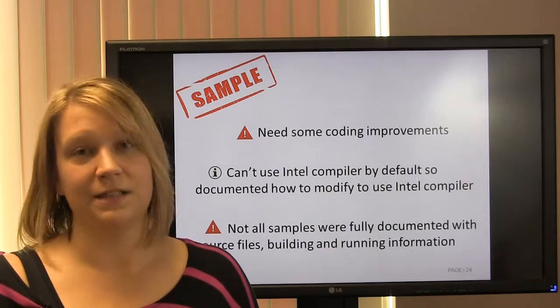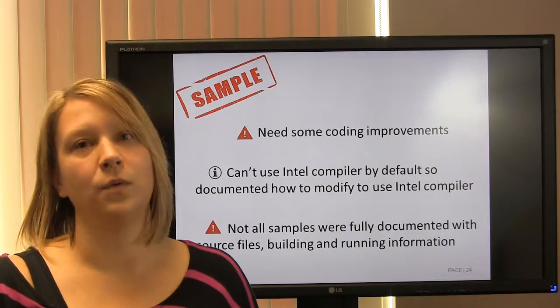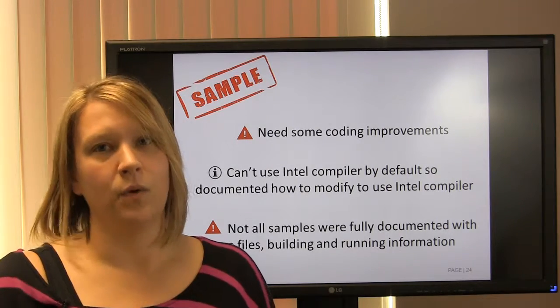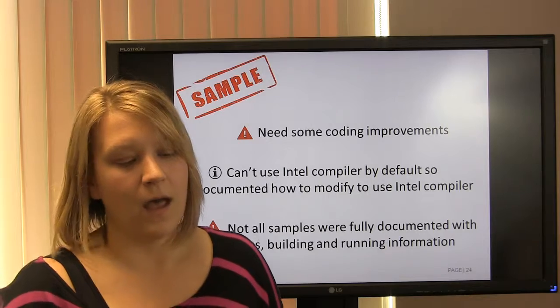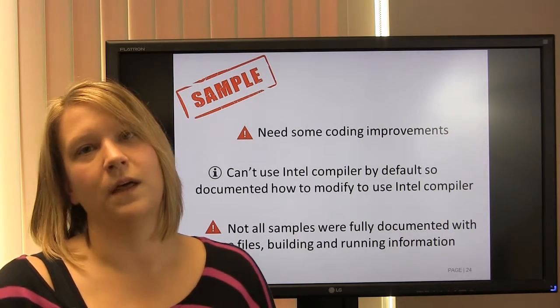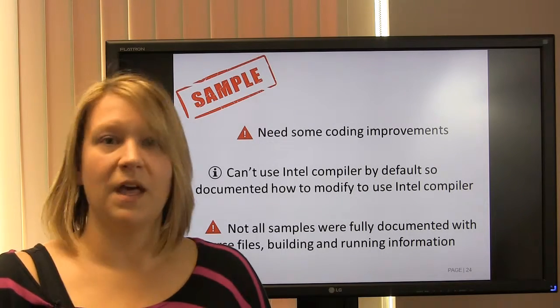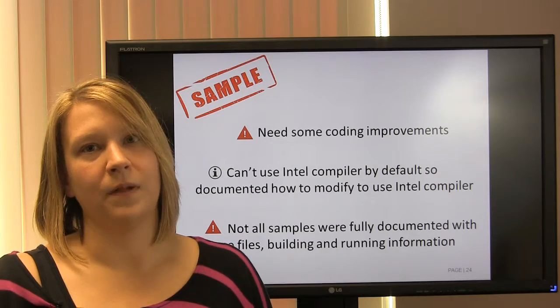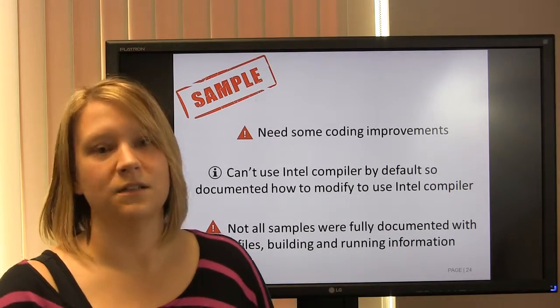So it's documented in our documentation how you would configure a project to use the Intel compiler, but we want to offer a sample to show that. And we also want to make sure that everything is documented fully so that people understand what the header files and C files are for, and how to run them, and what they expect to see as the resulting behavior.